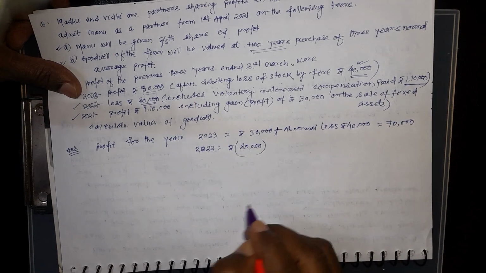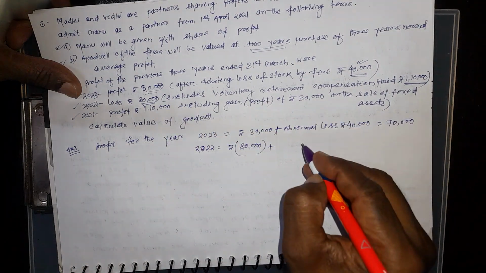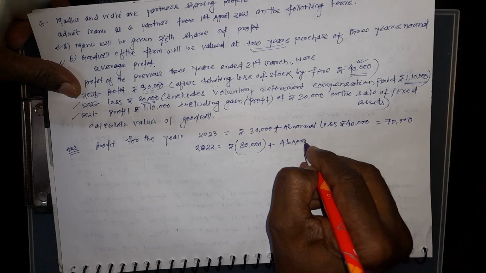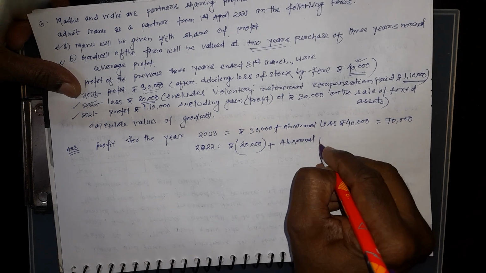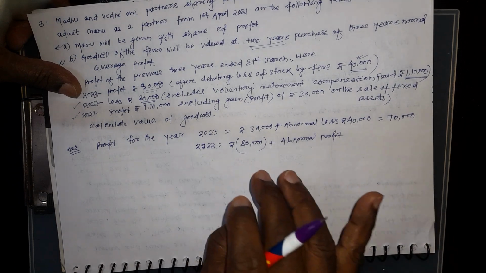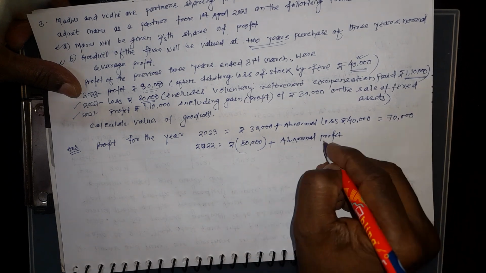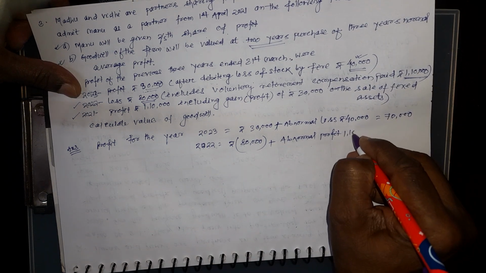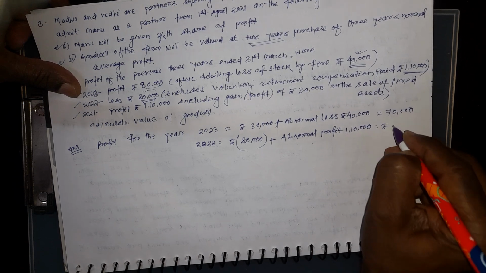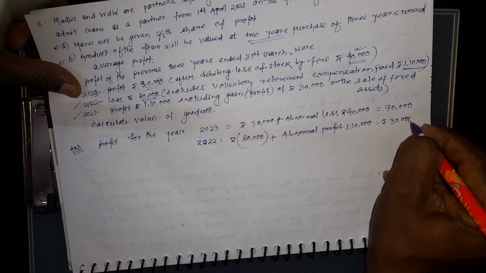Write loss in brackets, plus here we will write abnormal profit. Now the loss will be less and there will be profit also, because this will be added. So the actual profit for 2022 is 30,000.